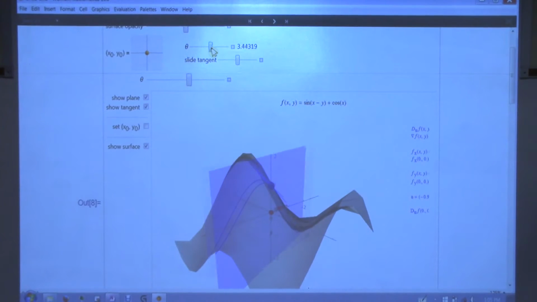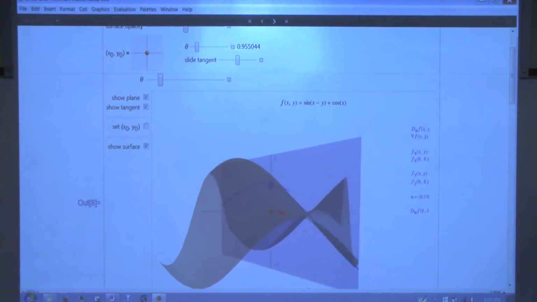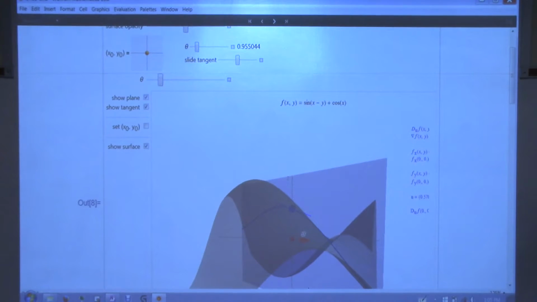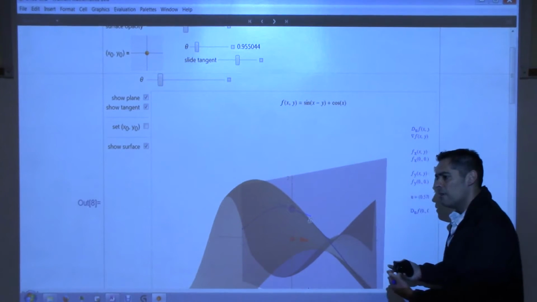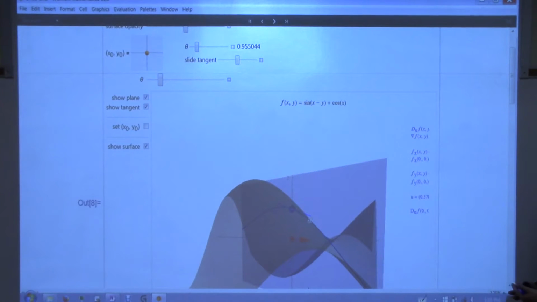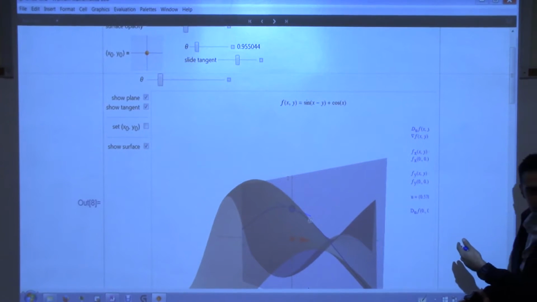Wherever I want to stop it, I can stop it. Once I stop it, I have another graph cutting through the curve, and I have another tangent line. So for every direction, I have some tangent line, don't I? And our goal is to come up with a formula that would represent that slope. Got it?